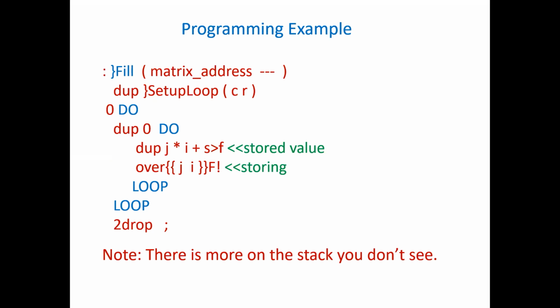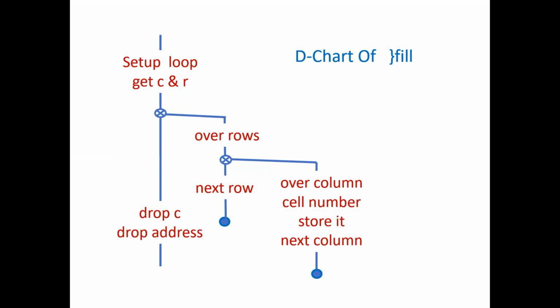Since that is an integer value, it has to be converted to floating point with S to F. Finally, here's our Forth syntax where we do the over I J double braces F store, and that does the work of the actual storing. We loop over columns, loop over rows, and we have a couple of input parameters which are dropped. So in what is essentially 2 lines of code, we have developed the method to fill a matrix. This is the D chart of it.